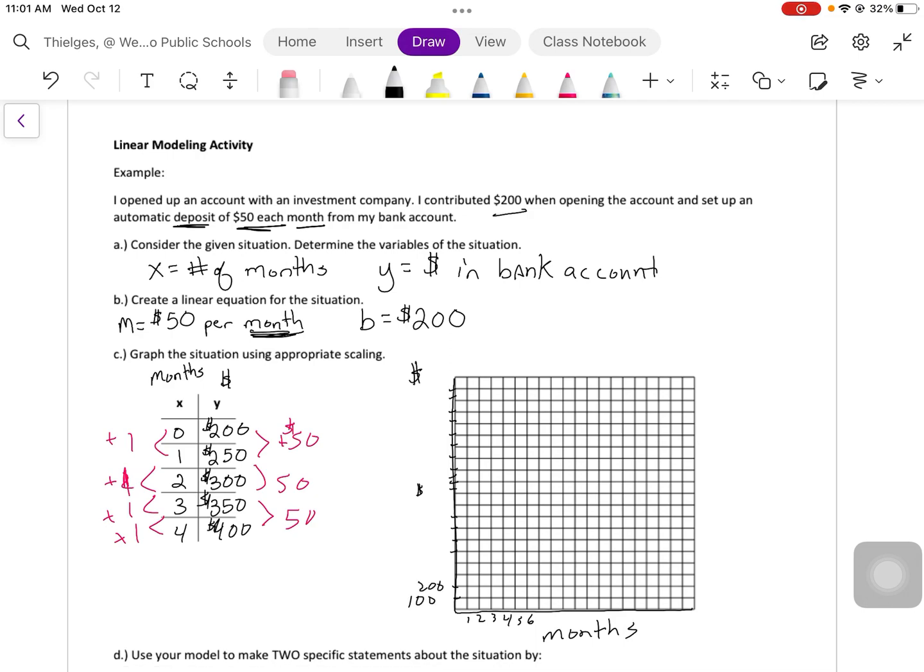Maybe I go by 200, 300, 400, 500, and work my way up to 1,000 and so forth. Okay, so 0, 200; 1, 250; 2, 300. And there's the graph of my line.